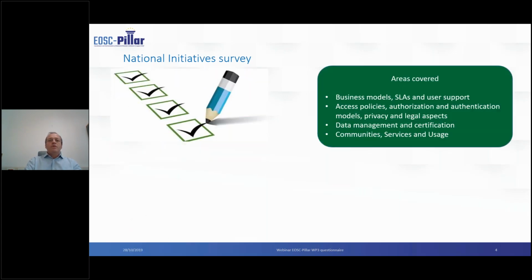So it is a questionnaire, as you know, and we would like to know a number of things, like who are the users, who are the researchers, which kind of services researchers are using, how do they access them, both practically from the point of view of authorization and authentication methods, and in terms of access policies, how are privacy and legal aspects dealt with, what are the business models, and whether service level agreements exist, and how is the data managed, whether it adheres to some data management schemes or data certifications, procedures are followed, and so on.